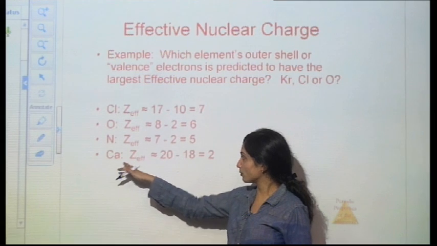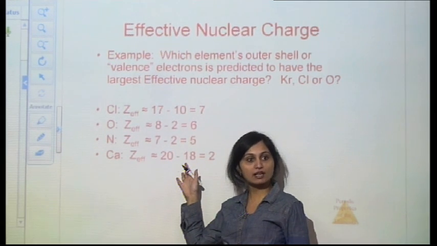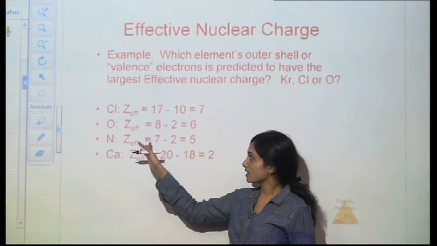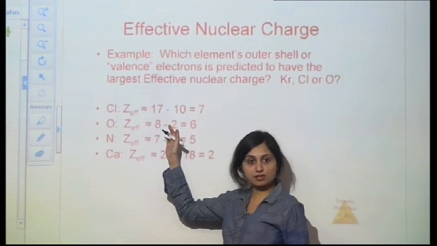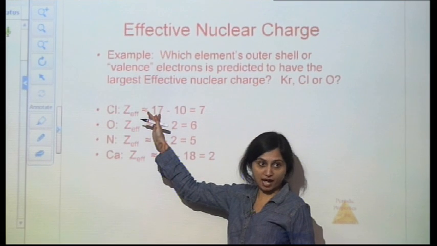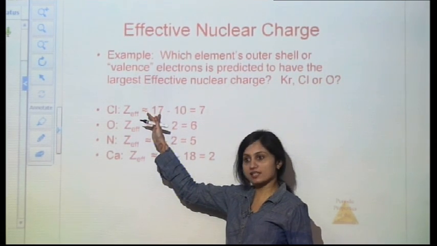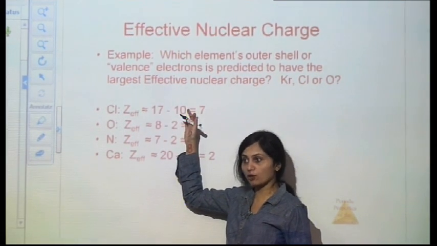Then for calcium it will be 20 minus argon's atomic number. For 7 it is minus helium's atomic number, for 8 minus helium's atomic number, and 17 अब argon से छोटा है और neon से बड़ा है तो 17 minus neon's atomic number.